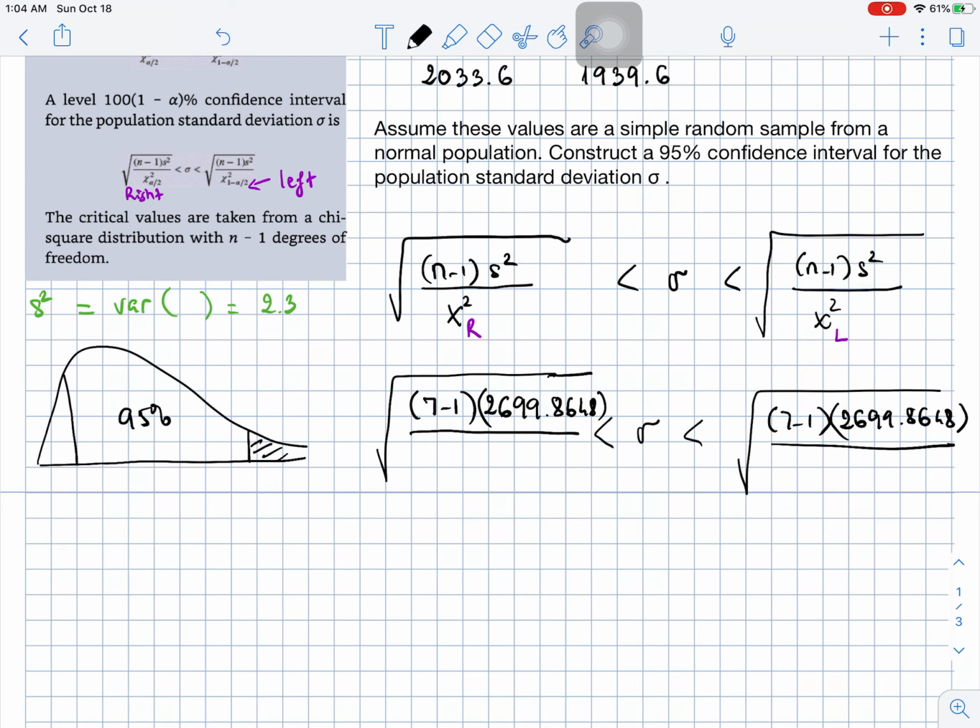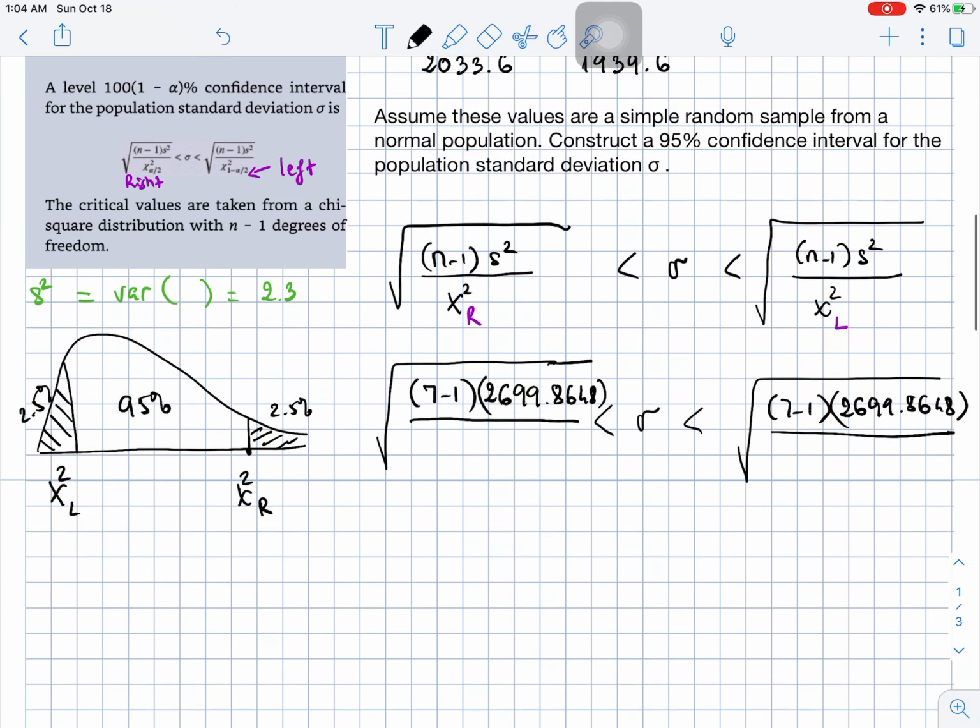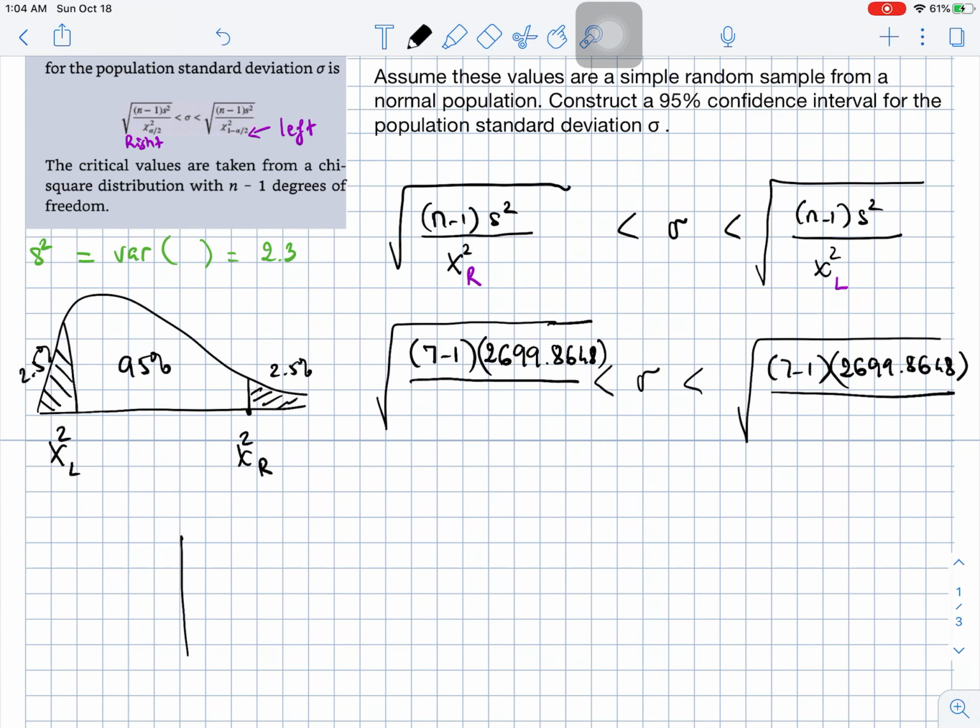Now the chi-square right and the chi-square left, we need to calculate using the 95% confidence level. We're going to draw the shape first. We're going to put 95% in the middle. That means the right tail is 2.5% and the left tail is 2.5%.